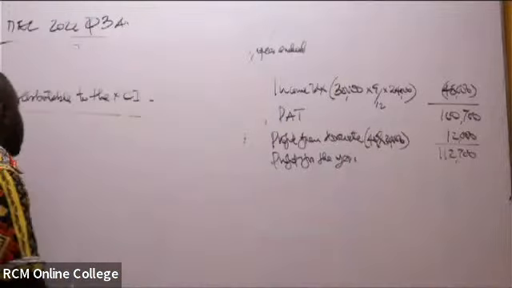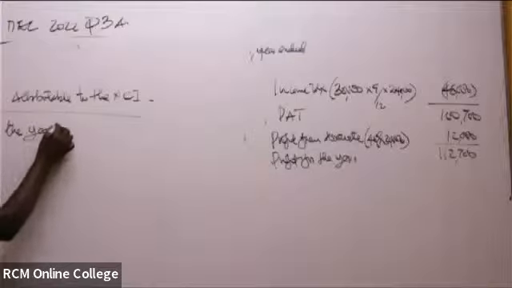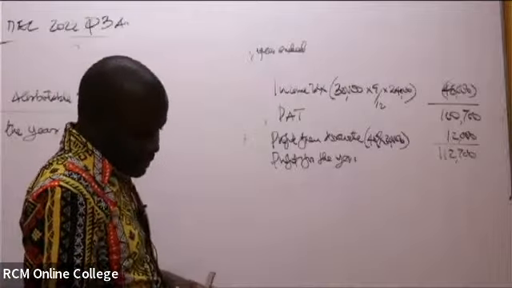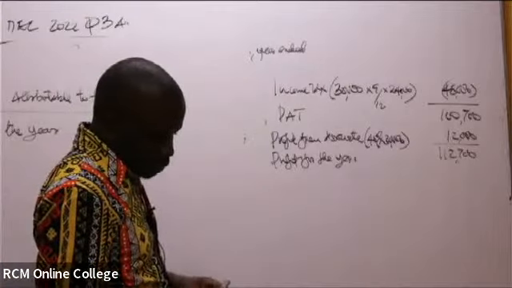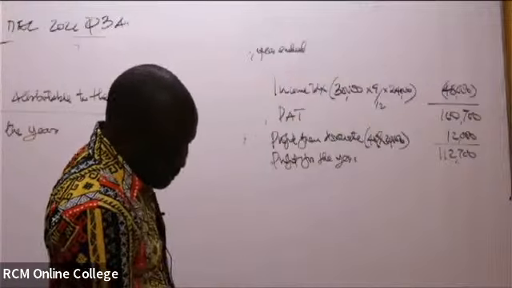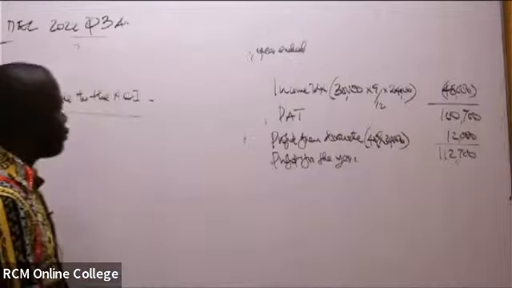What are the profits for the year? The profits for the year generated are 42 million. That is what you can see in the income statement of the subsidiary. But these are profits for the entire year.